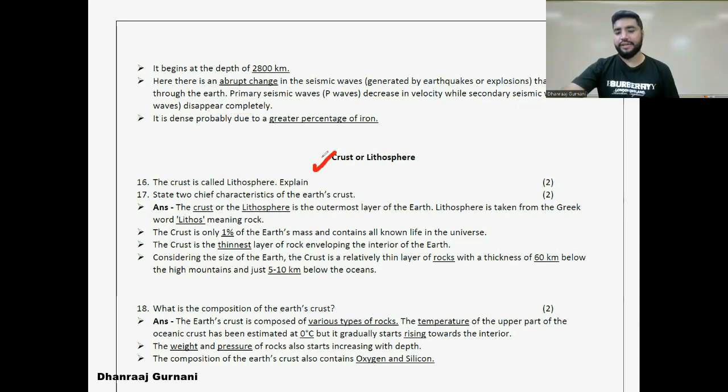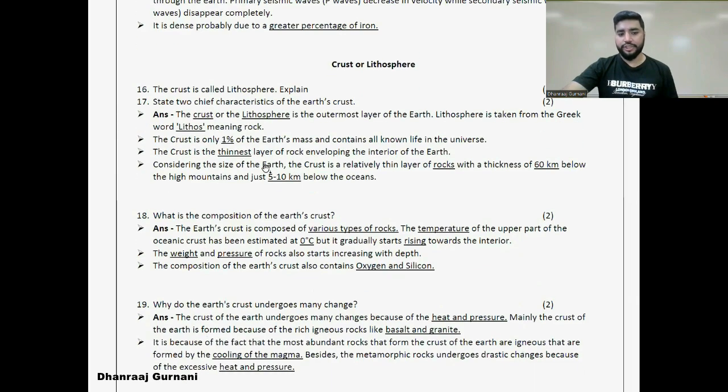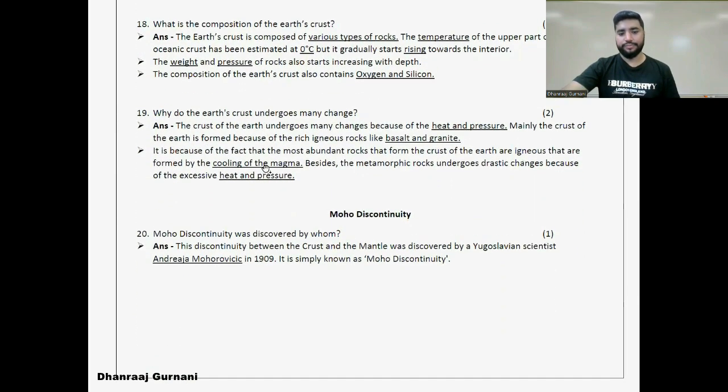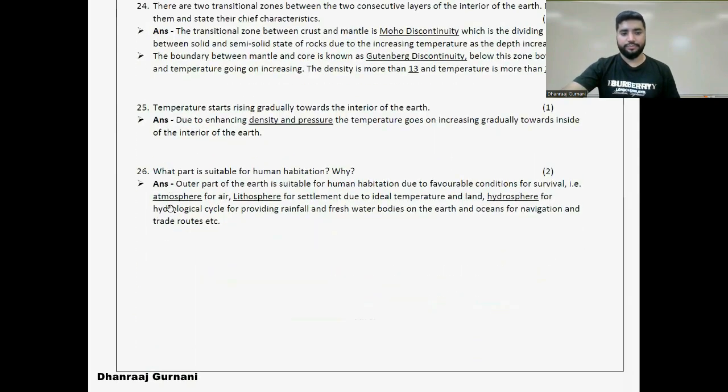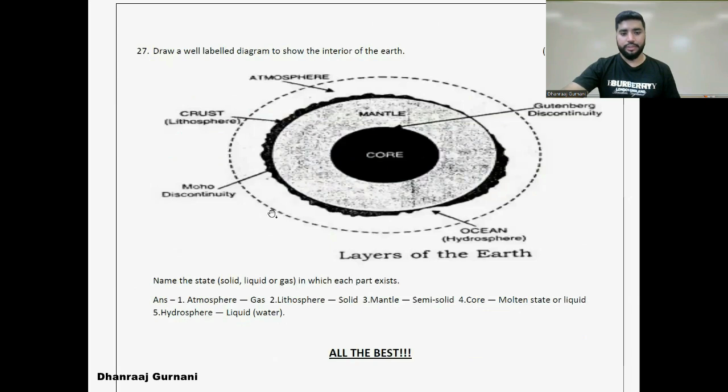Moving to the final layer, that is the outermost layer, which is the crust of the lithosphere. We will see it in this picture. So after the core and the mantle, we do something called the lithosphere, that is the crust.